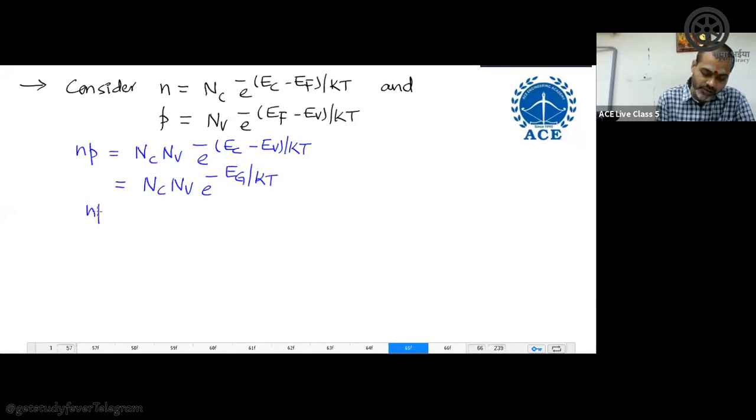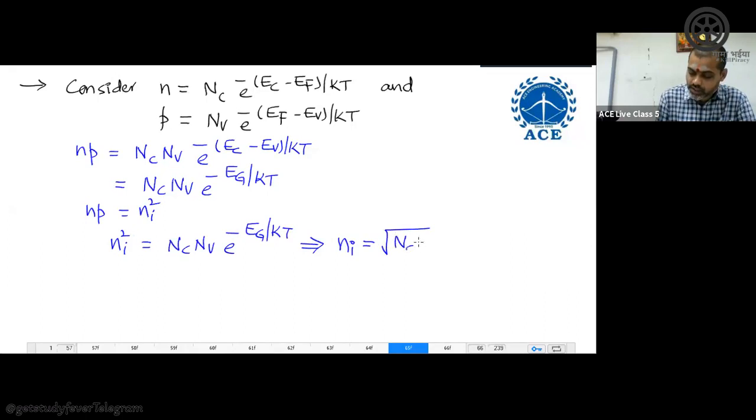Now n into p is ni square. Am I correct? So I can say ni square is equal to Nc Nv e power minus Eg by kT. So from this, ni is root of Nc Nv, e power minus Eg by 2kT. So this is another way of representing your intrinsic concentration.